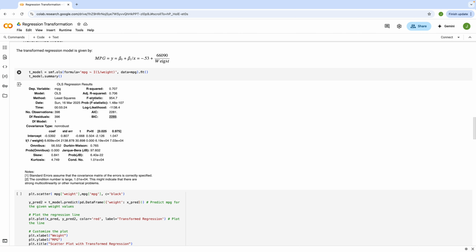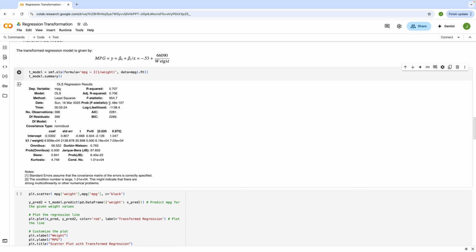By the way, the smaller the F statistic, the better. So here, the F statistic is 954. And here, the reduced model is just the model that predicts the average. So this F statistic says that having the input of weight is way better than having a null model of just predicting a constant miles per gallon.